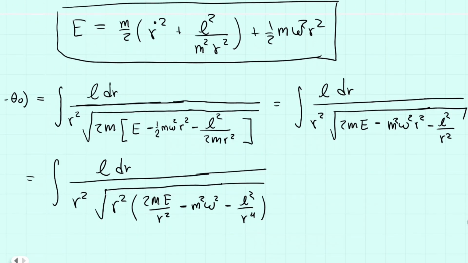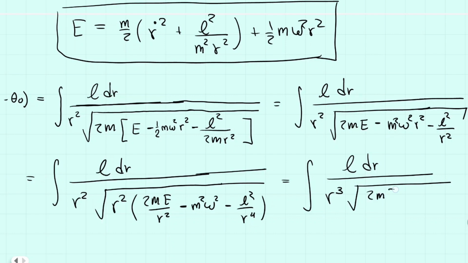We can just take the square root of r squared because r is a positive quantity, and this is going to give us the integral of L dr over r cubed times the square root of 2mE over r squared minus m squared omega squared minus L squared over r to the 4th.